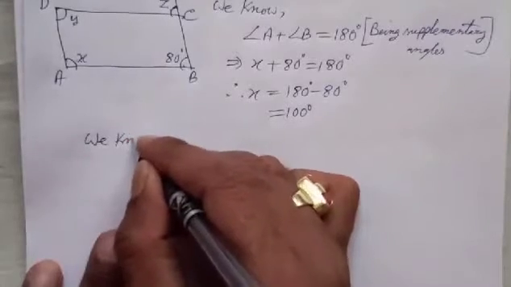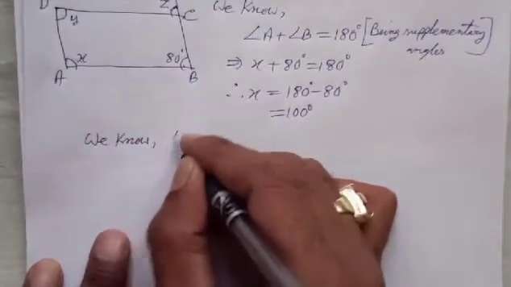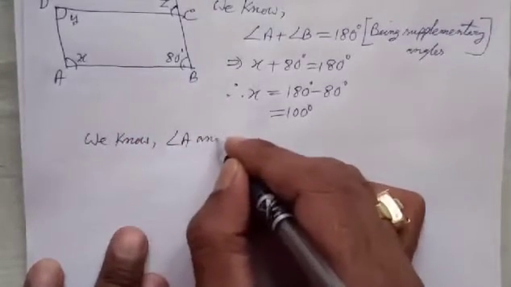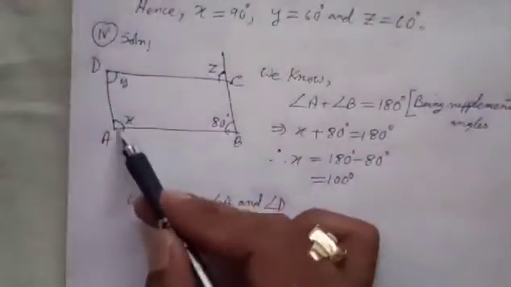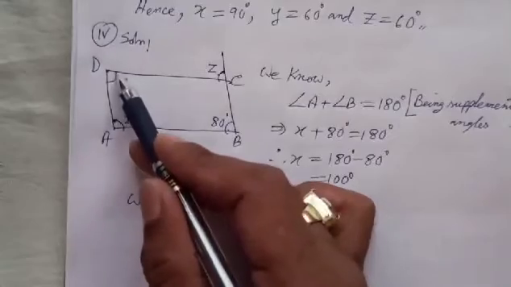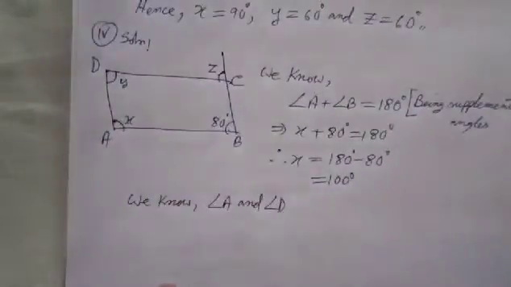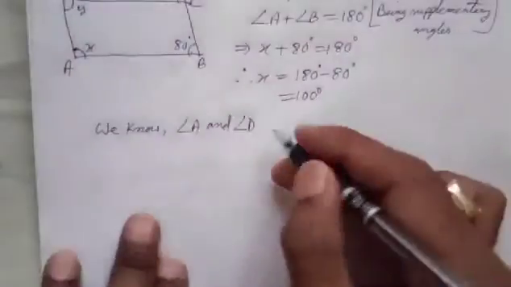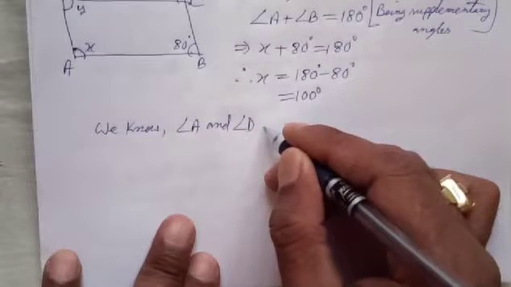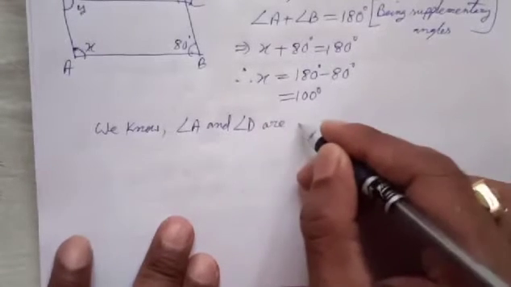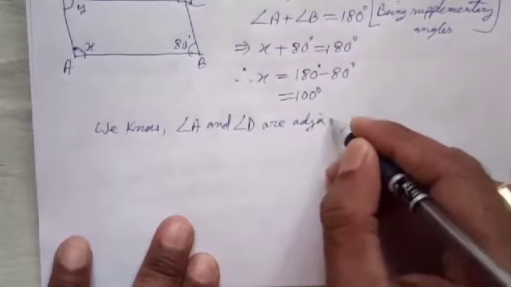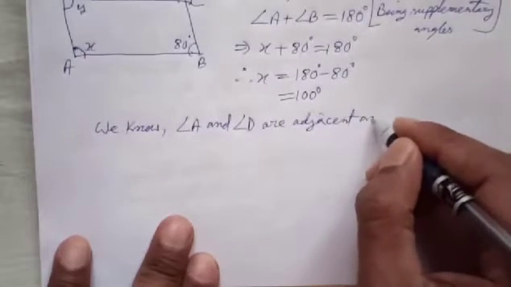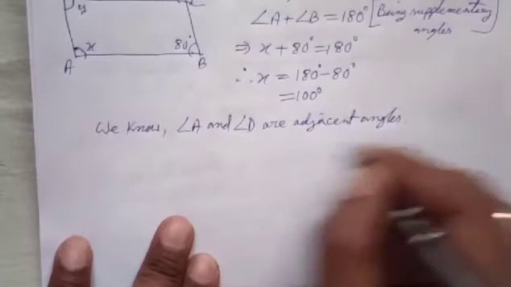We know angle A and angle D are adjacent angles.